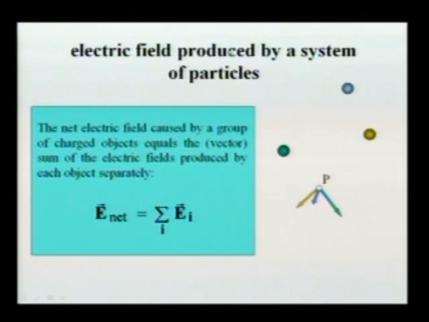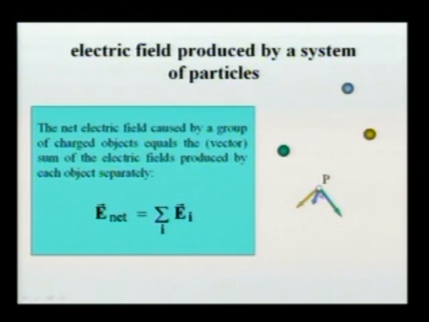Now, let's say that if I want to find the electric field produced at this point by this particle, I will have to take Coulomb's constant, multiply it by the charge of the particle producing the field, divide by the square of the distance between the point of interest and the particle, and multiply by a unit vector directed from the particle toward that point.